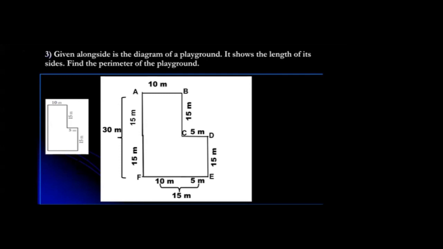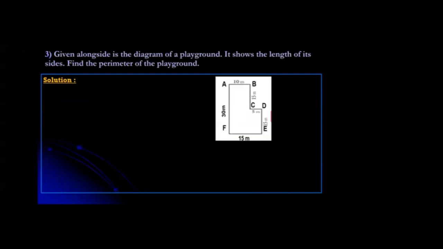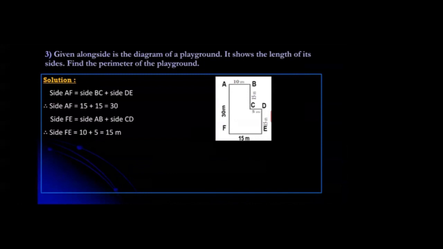So, now children, we got the measurements of all the sides. And what does perimeter say? Perimeter says the sum of the lengths of all the sides of the figure. So we got all the measures. Now what do we have to do? Just add all the sides. See what we have discussed while finding out the sides. Side AF is equal to BC plus DE.